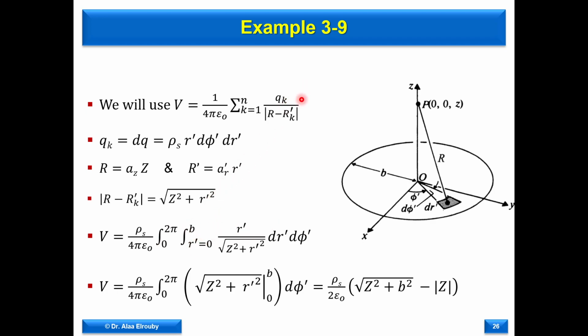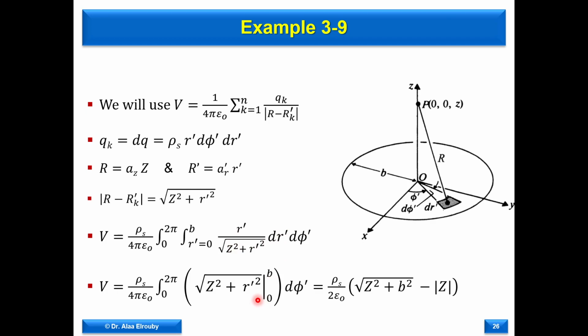Just substituting here, q, which is qk, is rho s r prime d phi dr prime, and the distance has this expression. We can solve this easily because r prime dr prime is 0.5 d(r prime squared). So we can solve this integration.